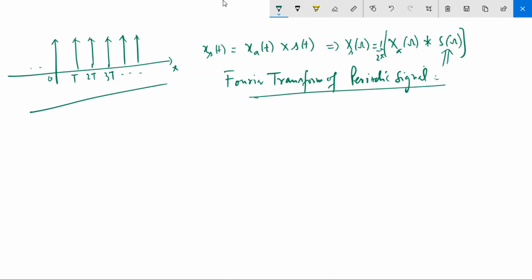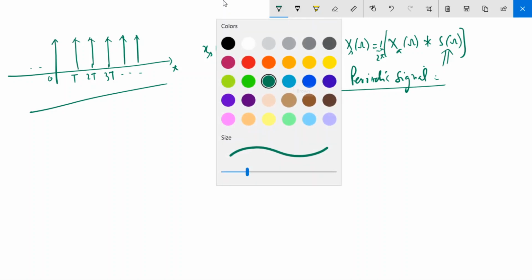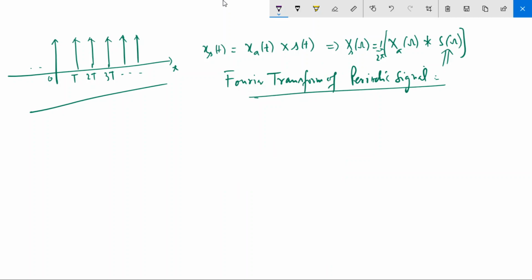When you study the Fourier series and Fourier transform, we generally say that the Fourier series is used for periodic and the Fourier transform for aperiodic signals. But this is not the case. The Fourier transform is in fact a unified tool which can be used for periodic as well as aperiodic signals.